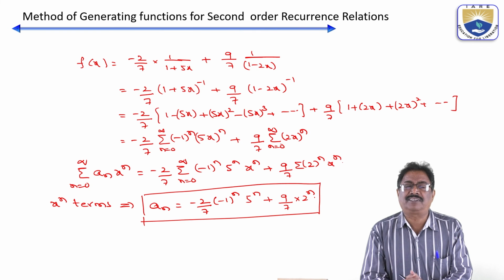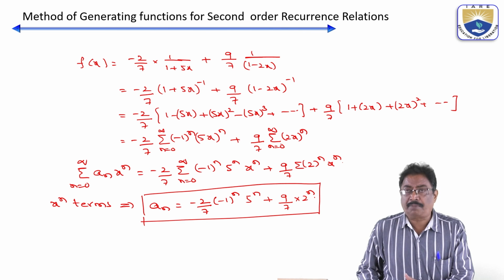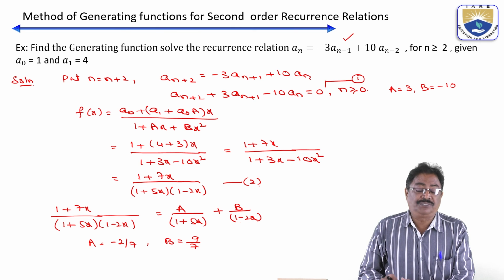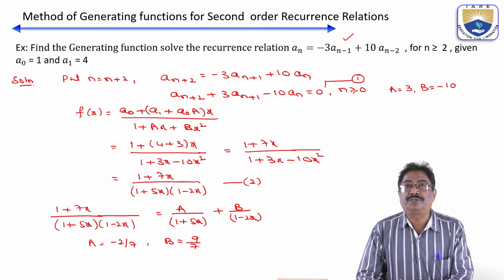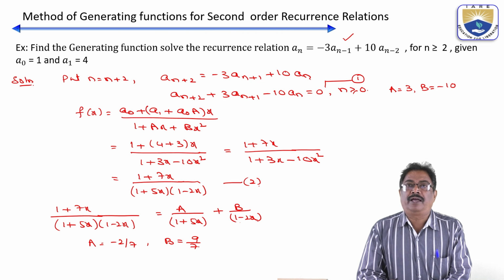Now we have concentrated only on homogeneous recurrence relations. In the next session, we are going to solve non-homogeneous recurrence relations in a similar manner. So far, I have not considered g(n); I took g(x) as 0. If we consider it, we will get one more extra term.